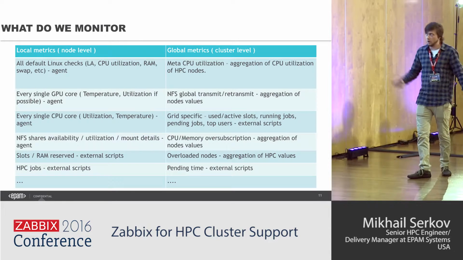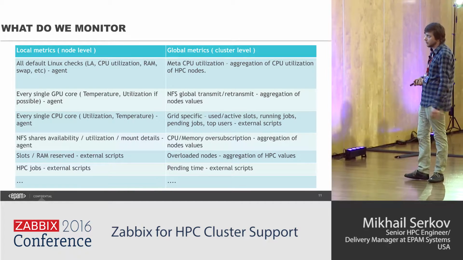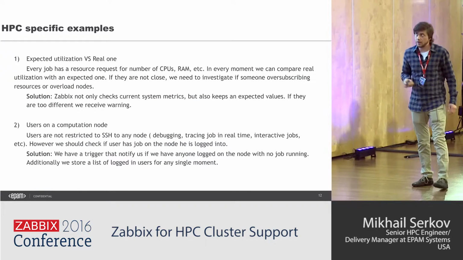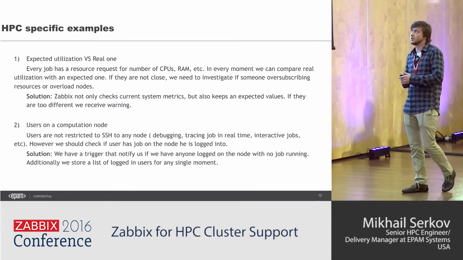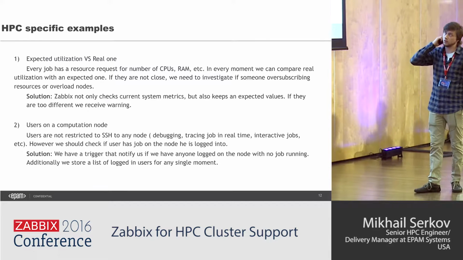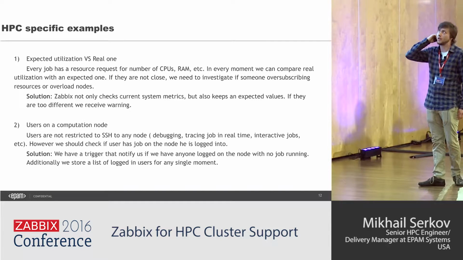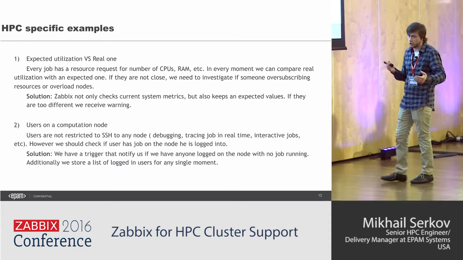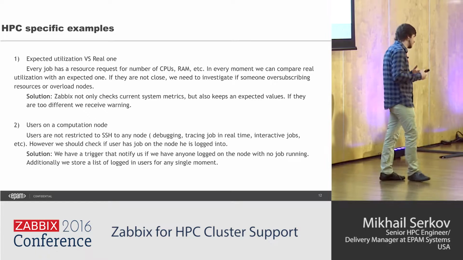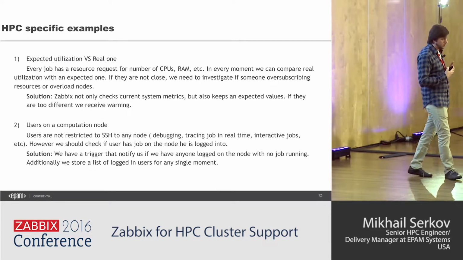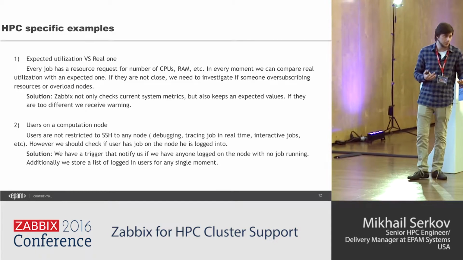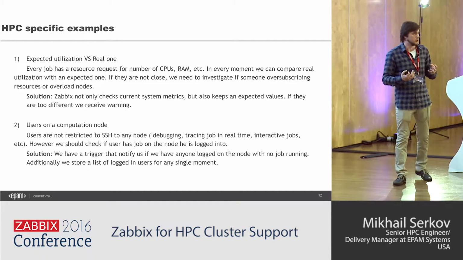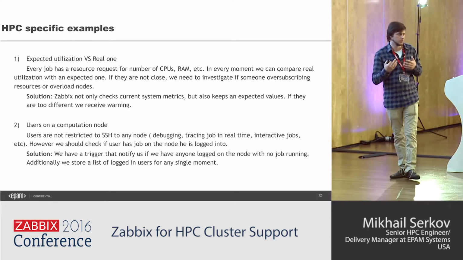That's why we have overloaded nodes, and pending time is also an important thing. I already mentioned expected utilization versus real utilization. We actually know what the utilization is, and if it doesn't match, we contact the scientist and try to understand why his workflow doesn't use 10 cores and instead uses 5 cores.